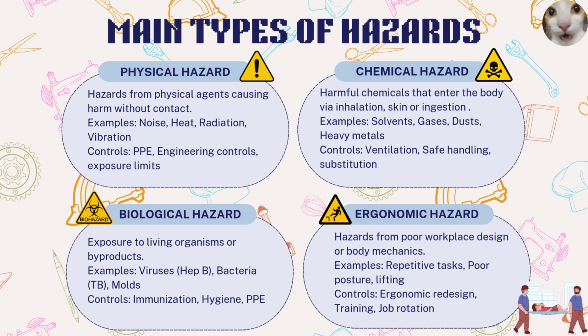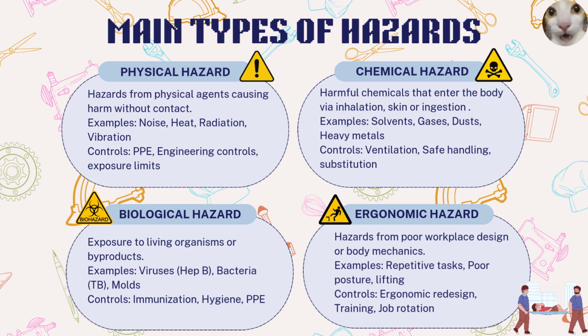Moving on, we encounter biological hazards, which come from exposure to viruses, bacteria, and molds, like hepatitis B or tuberculosis. To reduce risk, we rely on immunization, good hygiene, and PPE.